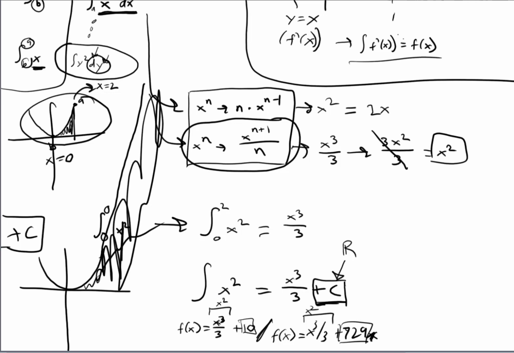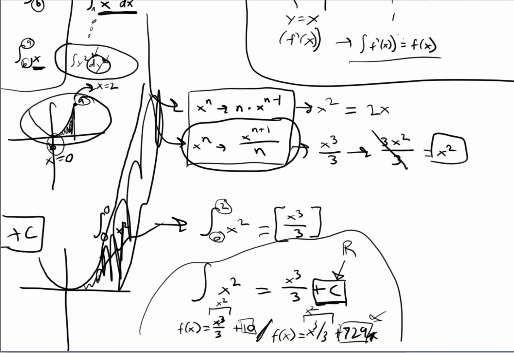Now why is that? Let's go back to this integral right here. Okay, what is this? So why are bounds here? Well, these bounds represent the specific area that we want, right? We just discussed why we need plus c when there are no bounds, which means whenever we have bounds, we're going to notate it like this.